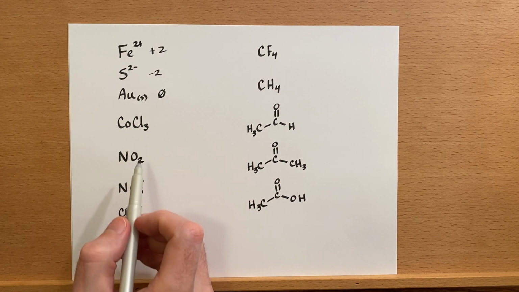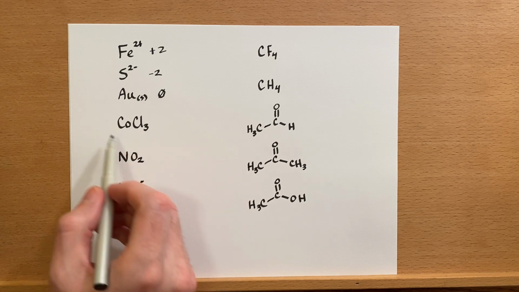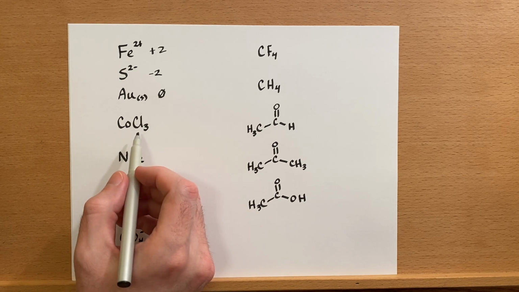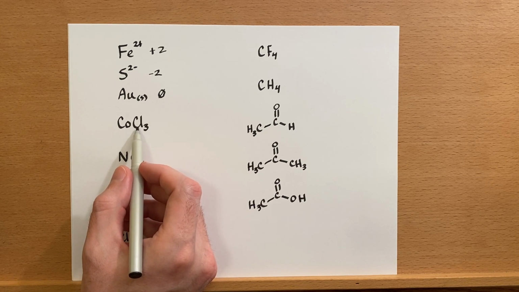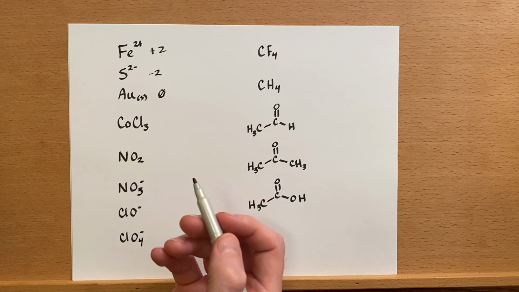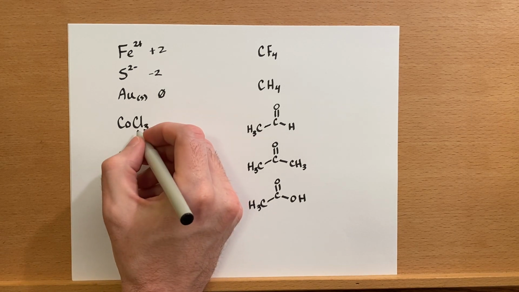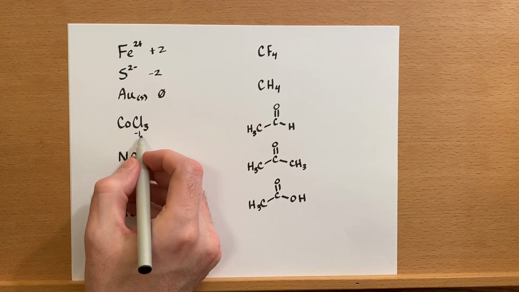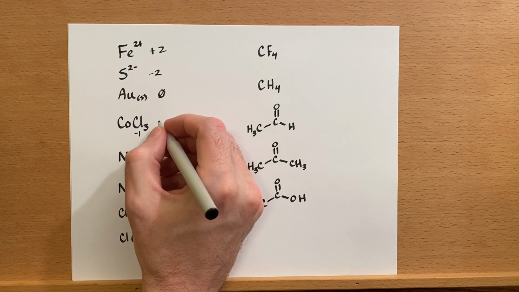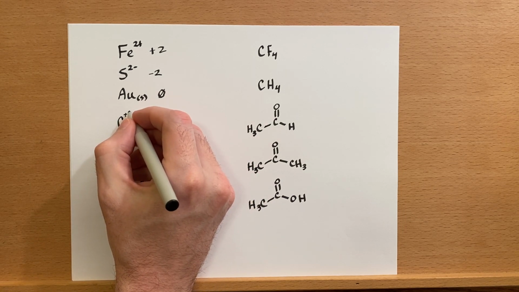Now we get into a compound, which overall has no charge. And we should remember that chlorines have a -1 charge, which is typical for halogens. So if these are -1 and there's 3 of them, that must mean that the cobalt is +3.